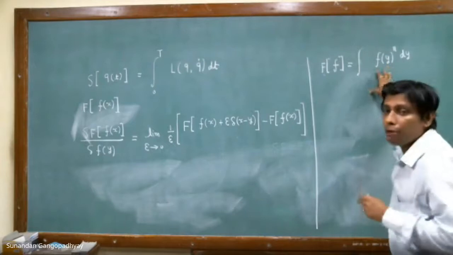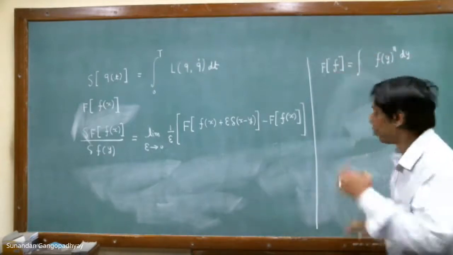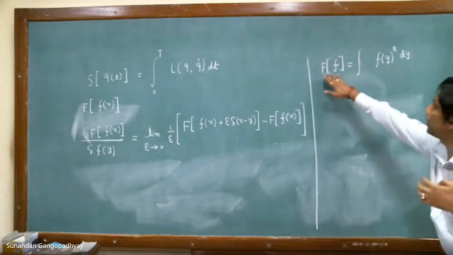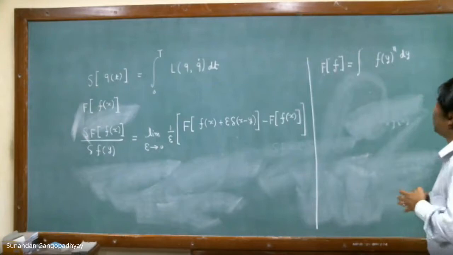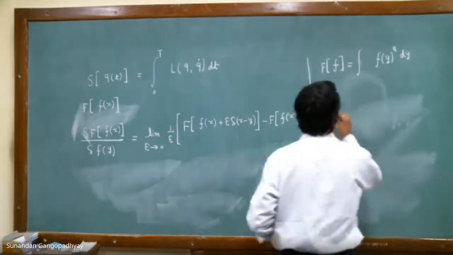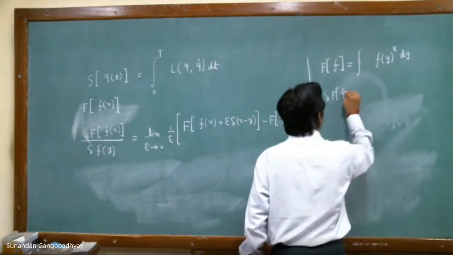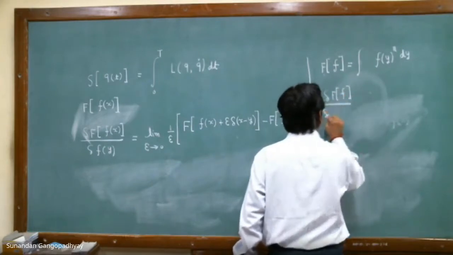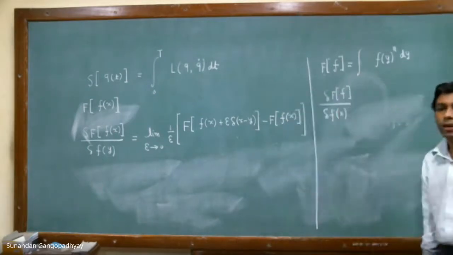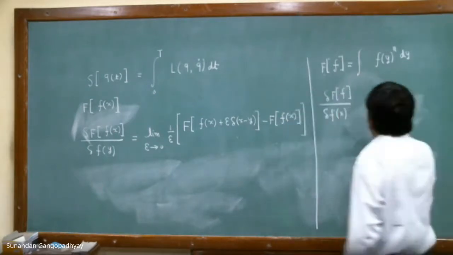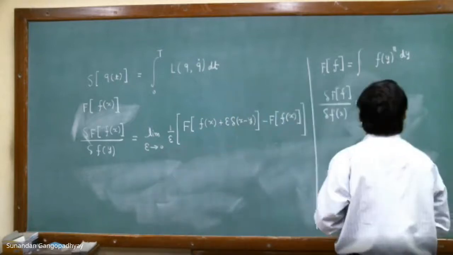You put in any form of the function over here, and this integral will produce a number corresponding to that function. So this capital F is a functional of this function f. And what we want to calculate is delta F by delta f of x. And let us use the first principle definition over here.